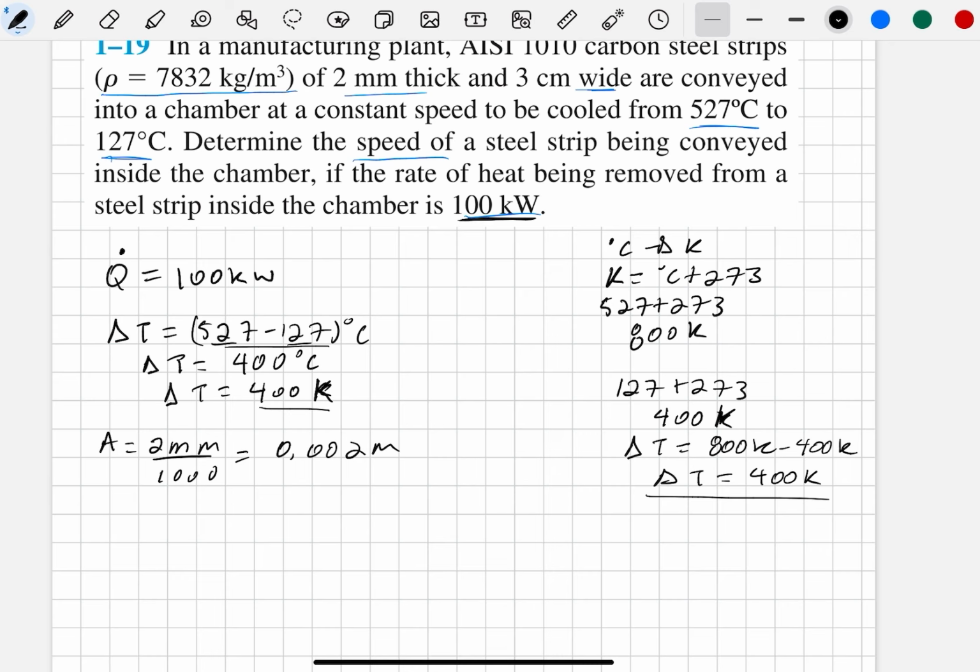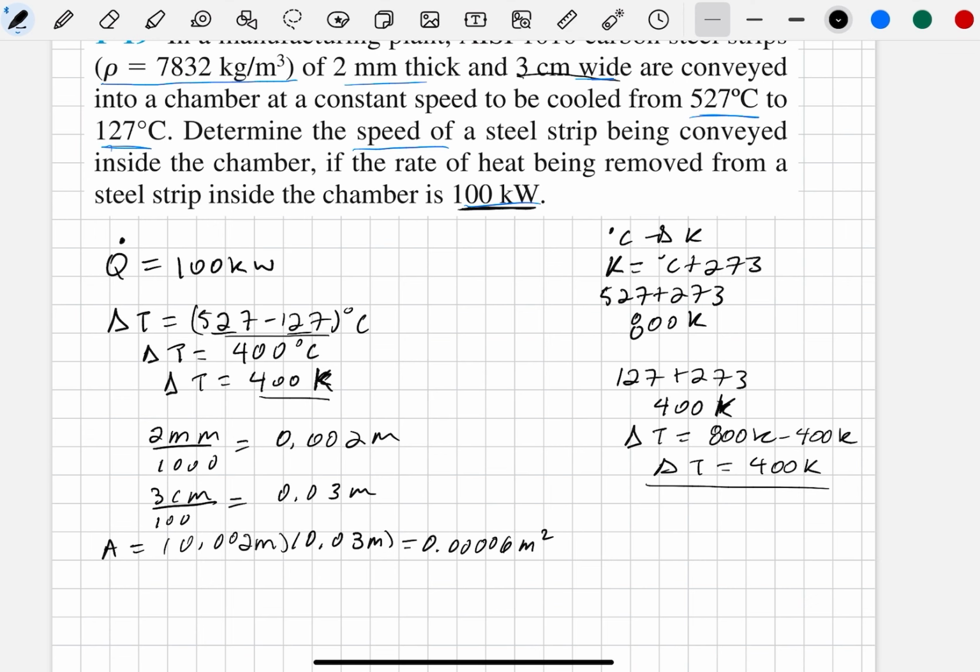Now the other one, which is 3 centimeters. Centi is 100, so I divide by 100, which gives 0.03 meters. Now I can take my area to be 0.002 meters times 0.03 meters. When I multiply this, I get 0.00006 square meters.